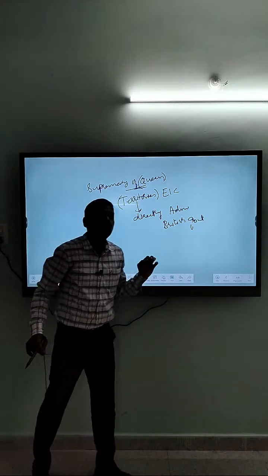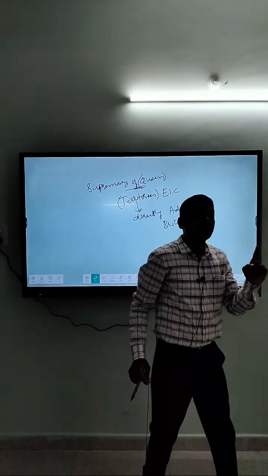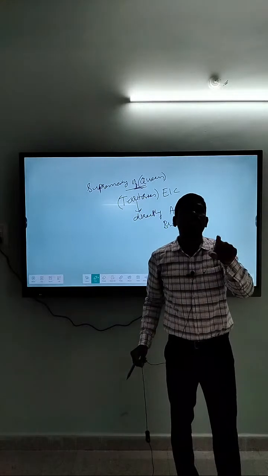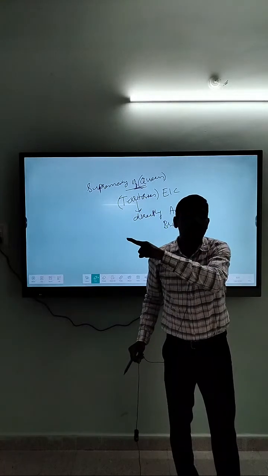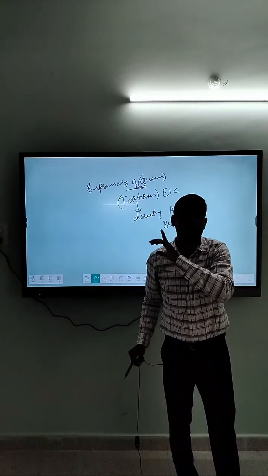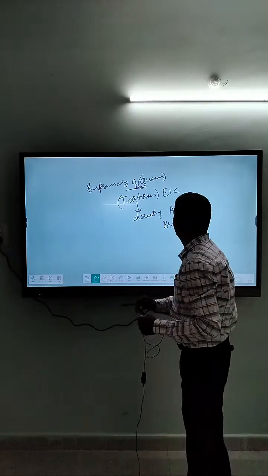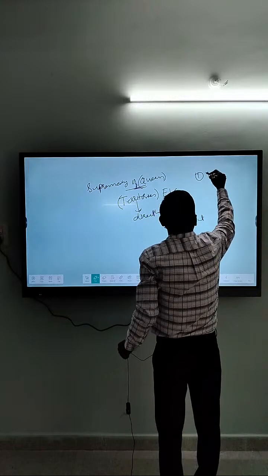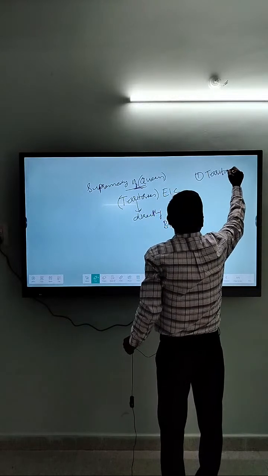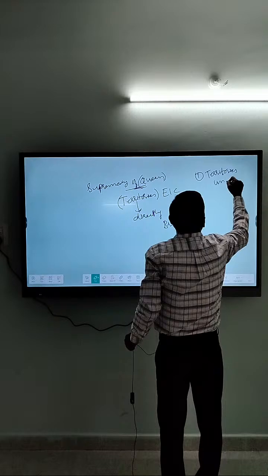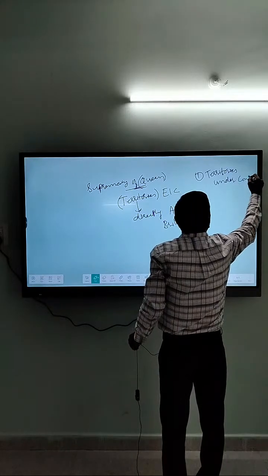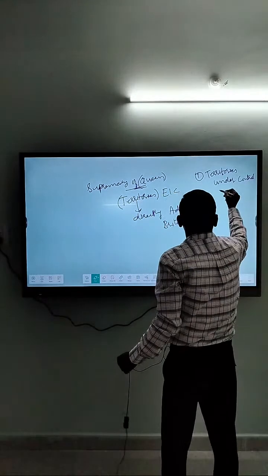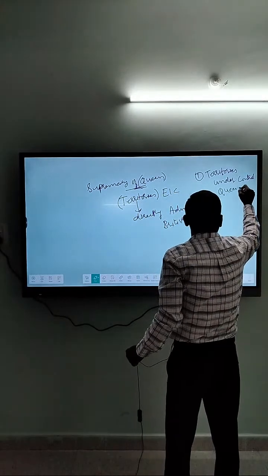So what are these two types of territories? Those territories which are under the direct control of the Queen, and those territories which are under the control of local rulers or native princes. One is territories under the control of the Queen.